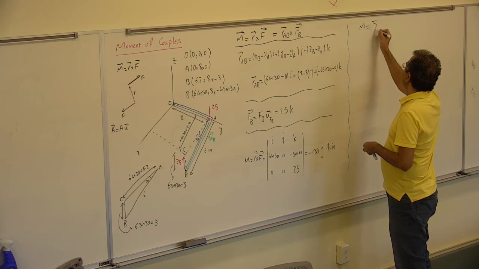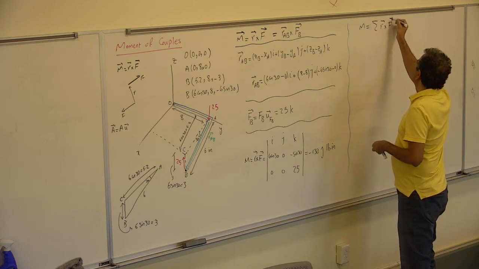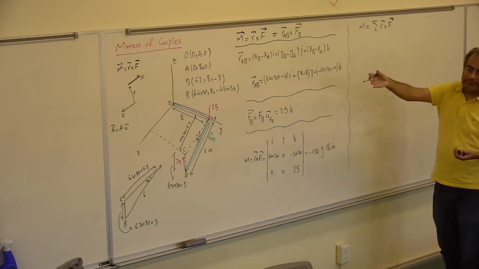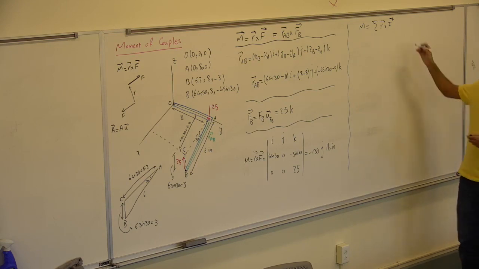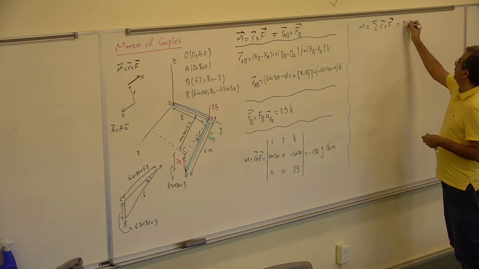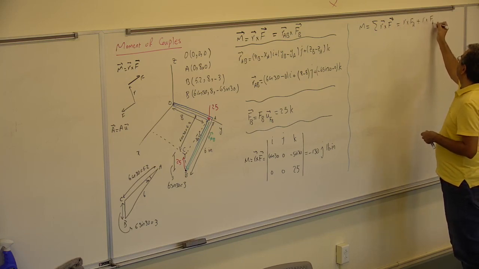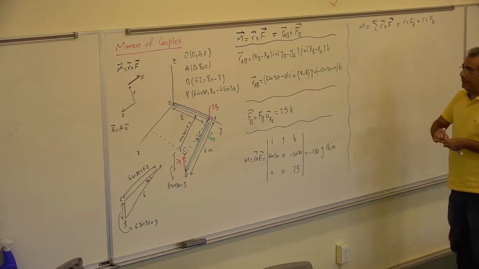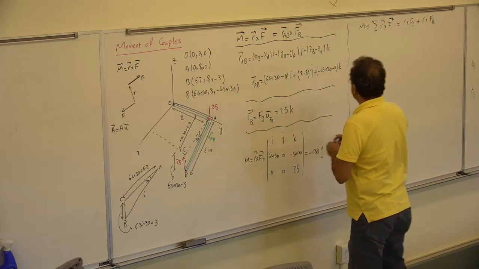M is sigma R cross F. It calculates the moment for each force separately, and then adds them together. So it's R times F at A plus R times F at B. For the A, the R would be OA.